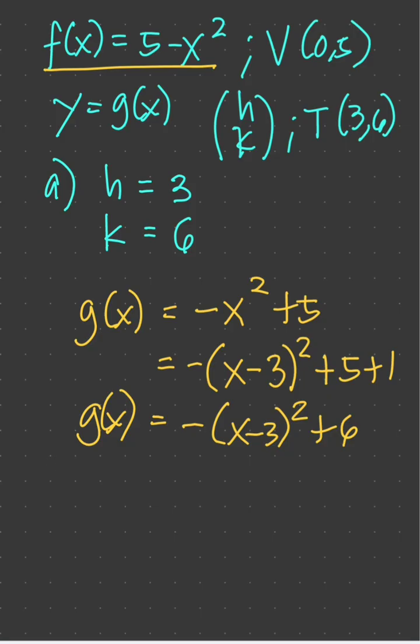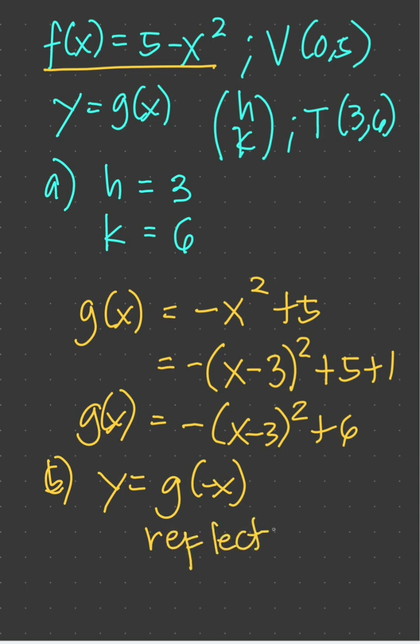Okay, what's this? C. Y equals g of negative x. So what is g of negative x? Negative x is a reflection over the y-axis.